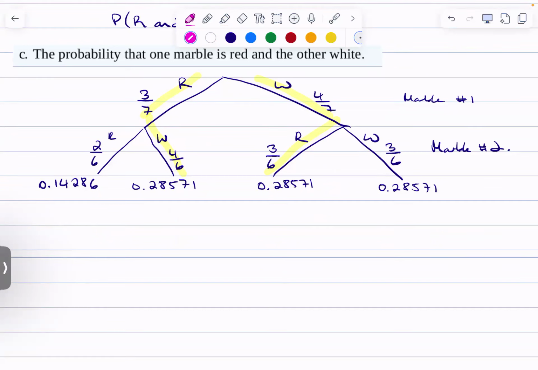So it's, let's see here, this or this. And when we say or, we add those probabilities.